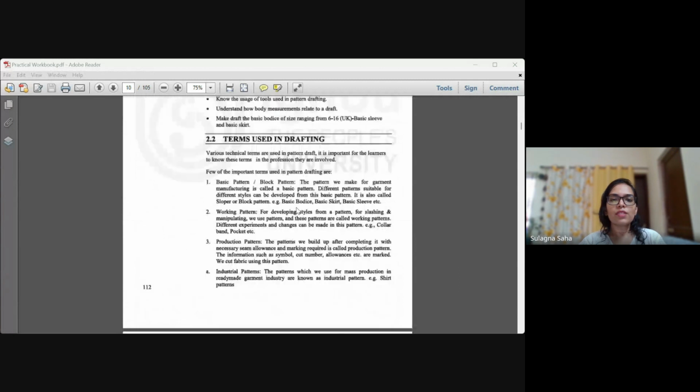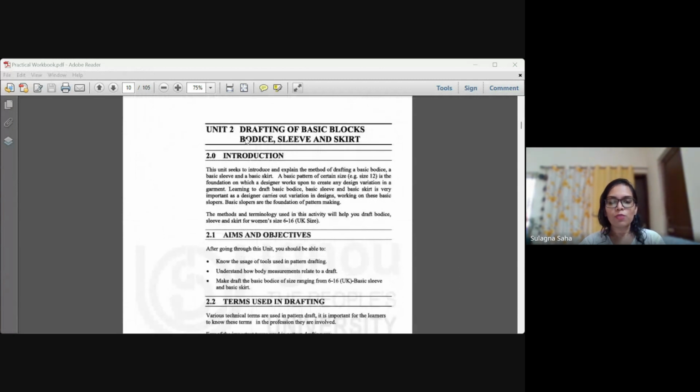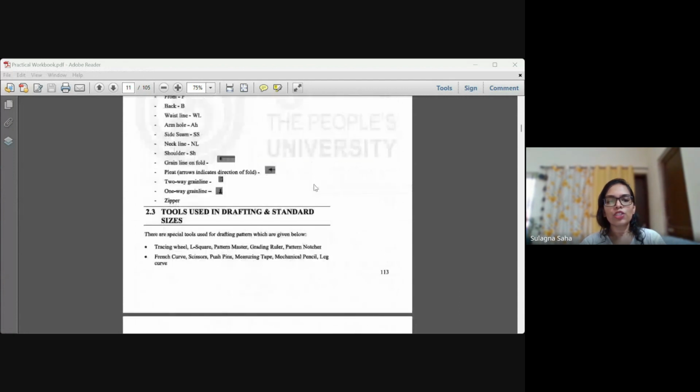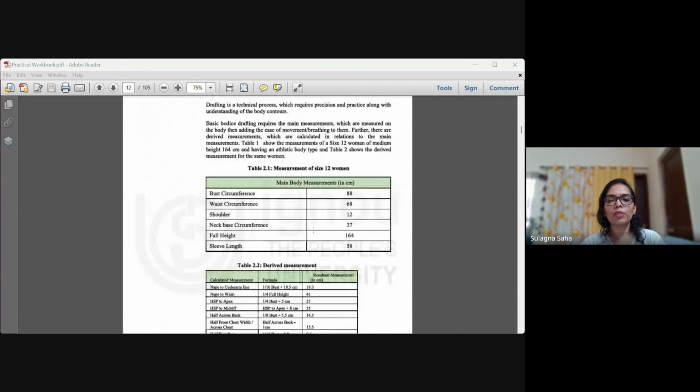This is what we have right now. We spoke about drafting of the basic sleeve and skirt. In this section they have already given you the measurements of a size 12 woman. However, you can take this as a guideline and make the pattern, or you can make the pattern for the person you have measured.